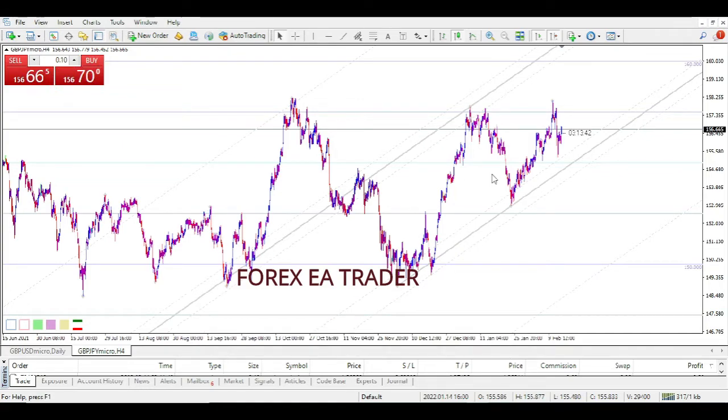And also, let's not forget that some of these indicators that you are just placing on your charts in order to make yourself feel so much confident, some of them you are using them the wrong way.